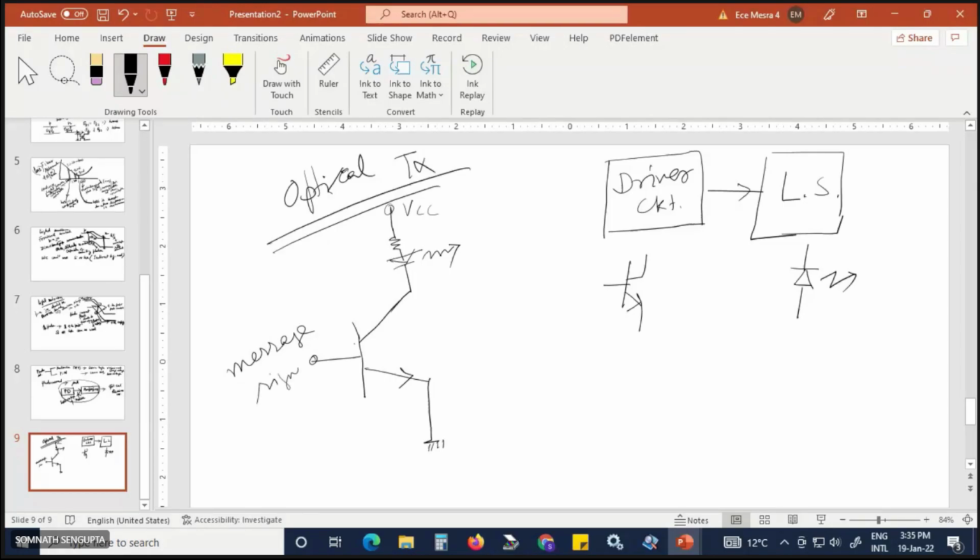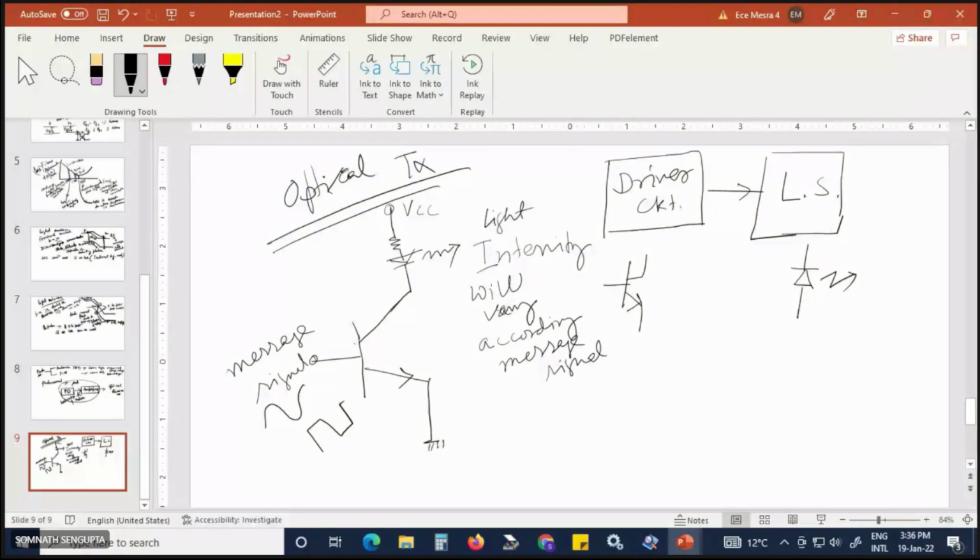It may be a sine wave, square wave, etc. So at the output of the LED, the light intensity will vary according to the message signal.